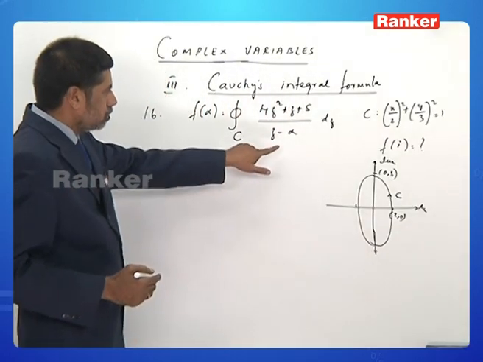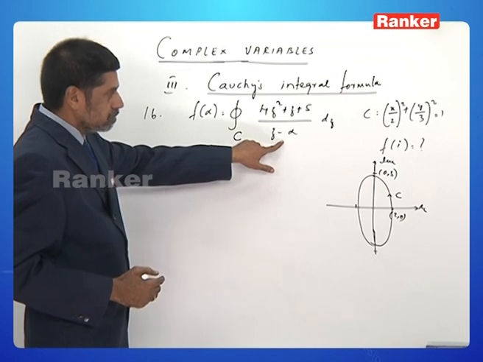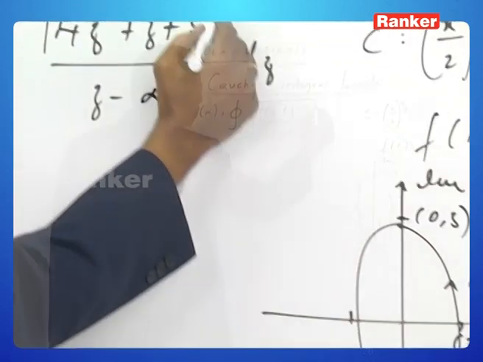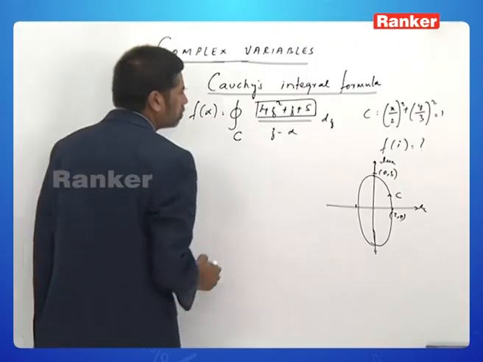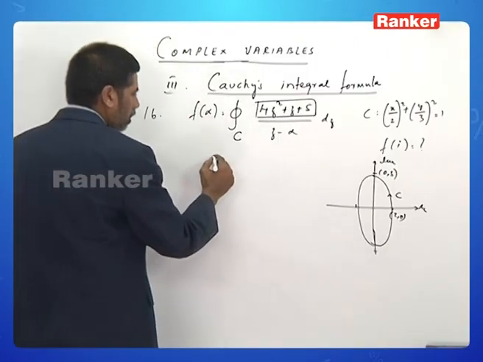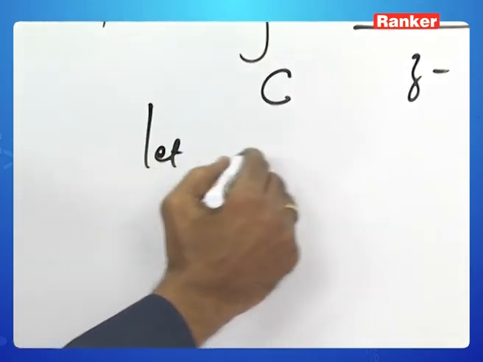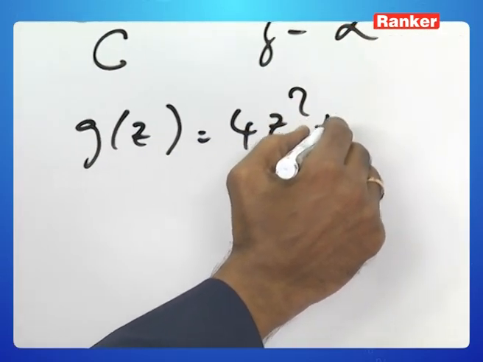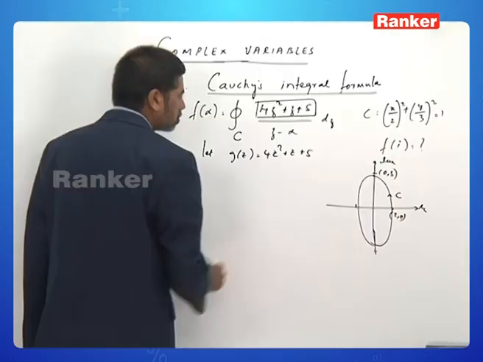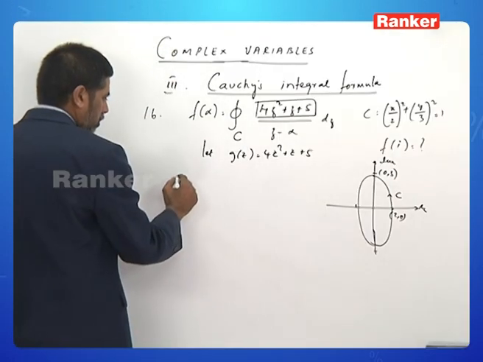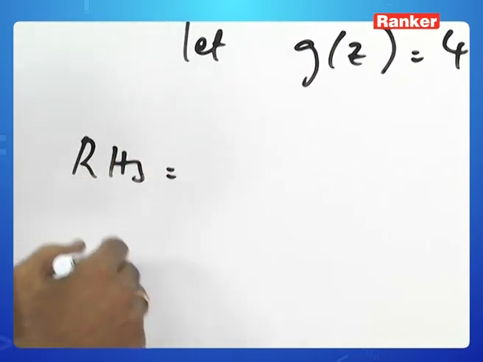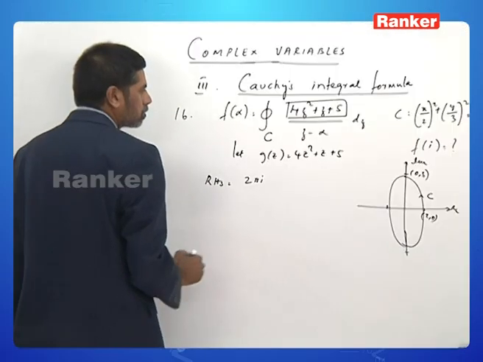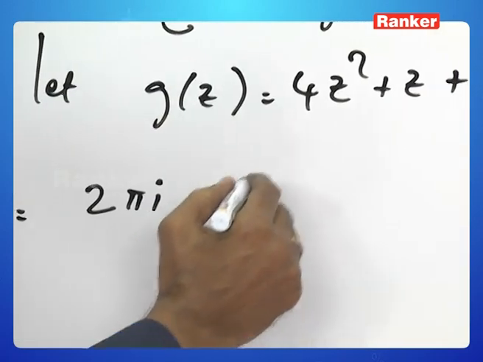Now let us assume alpha is a singularity, and if you call this numerator as some g of z, then the RHS is equal to 2 pi I times g of alpha.